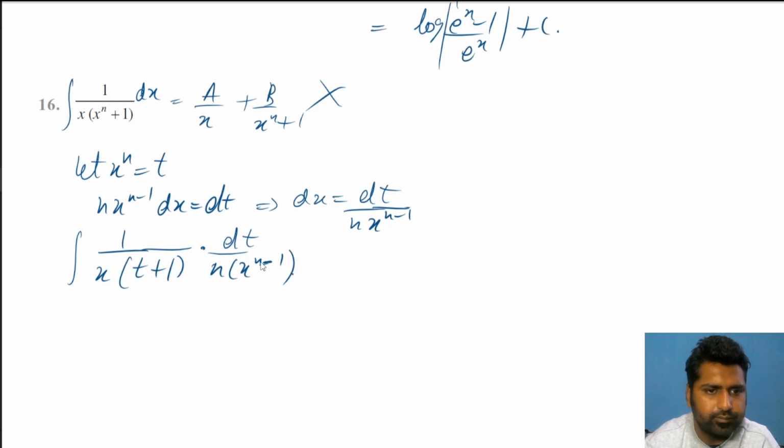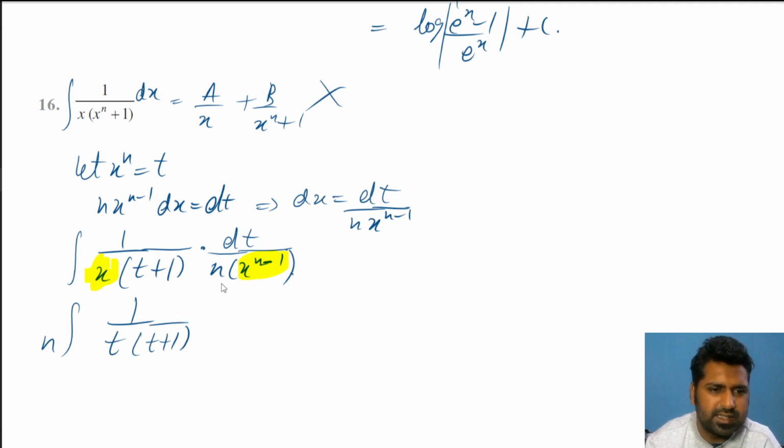Look at this. If we combine x and x raised to power n minus 1, it becomes x raised to power n, and what is that? T. So basically 1 upon n is constant, so let it be outside, and these two combined becomes x raised to power n, so basically t into t plus 1.